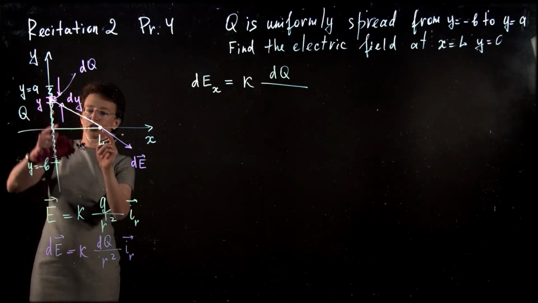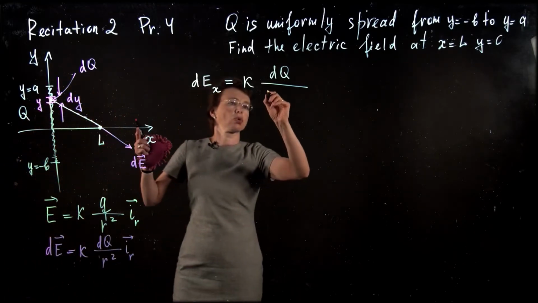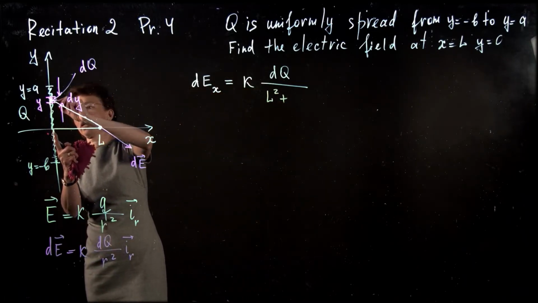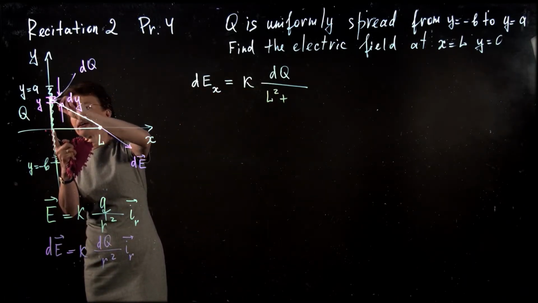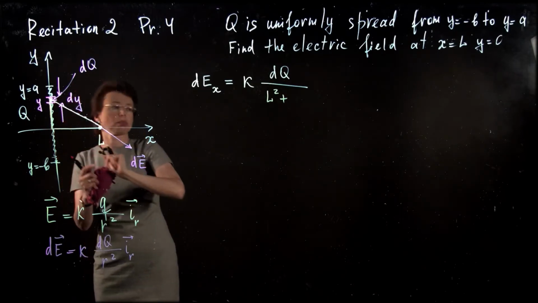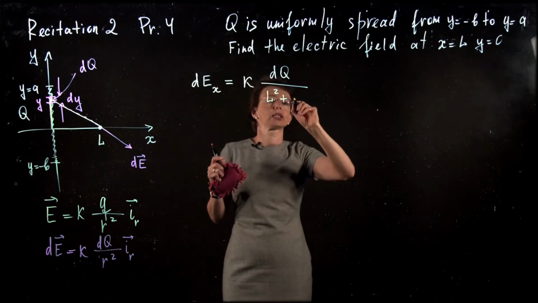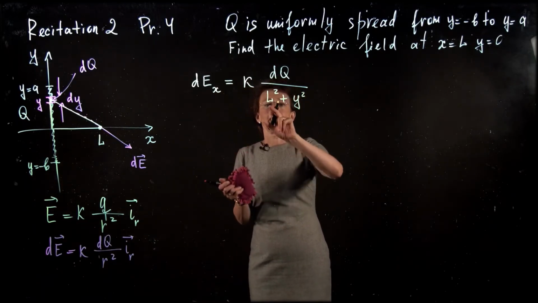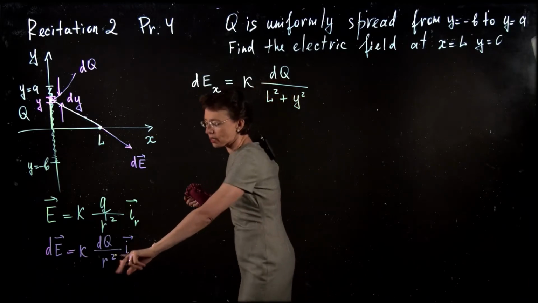The hypotenuse squared is this leg squared, L squared, plus this leg squared, y squared. I remind you that dq is at arbitrary point y, so it is L squared plus y squared, and this is the distance squared, r squared.